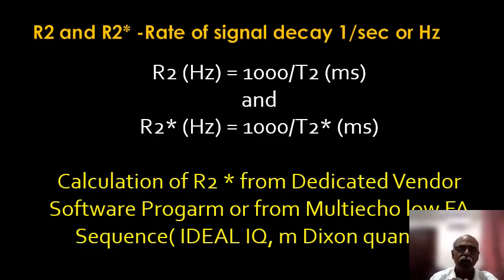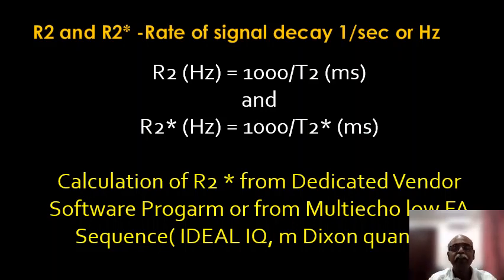Or on the contrary, whenever there is faster signal decay, that means R2 star is very high. Why is R2 star very high? There is iron overload and signal decay is occurring very fast. If R2 star is very high, that means signal decay in the liver parenchyma is occurring very fast.